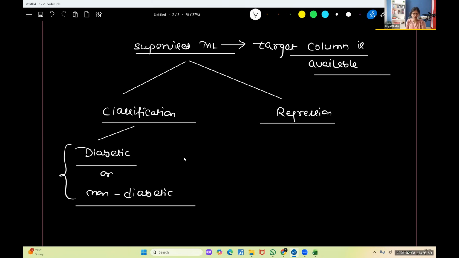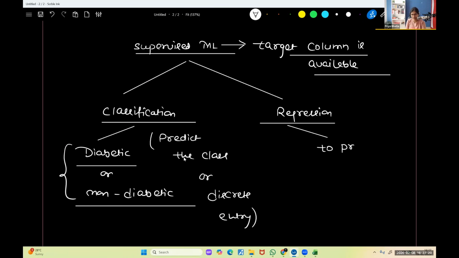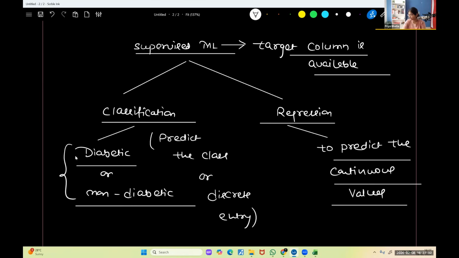In classification, you will try to predict the class, or what we can say, a discrete entry. In regression, our main focus is to predict continuous values.